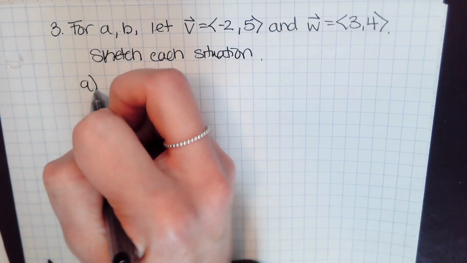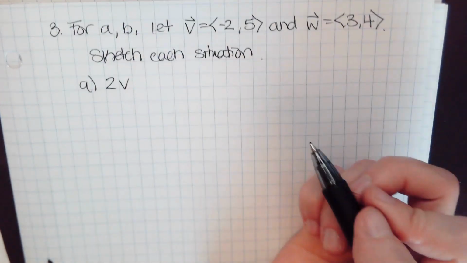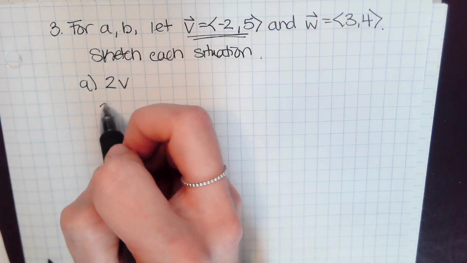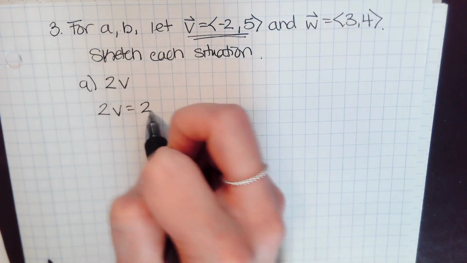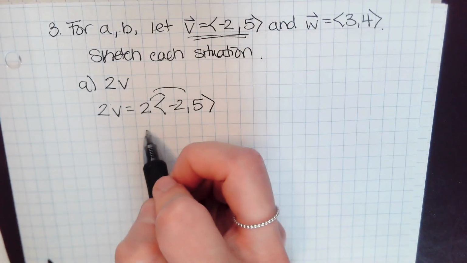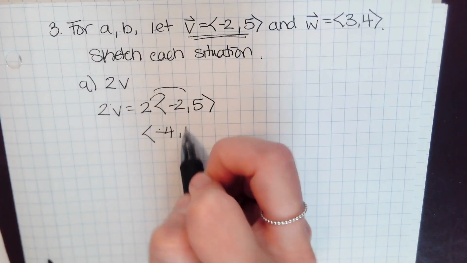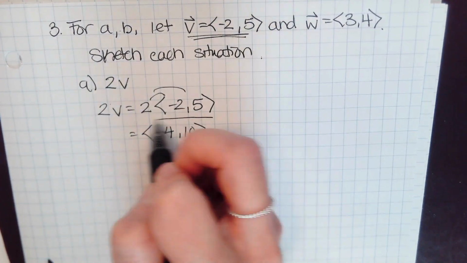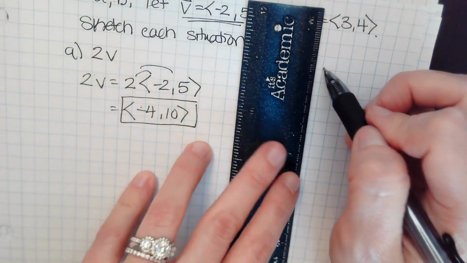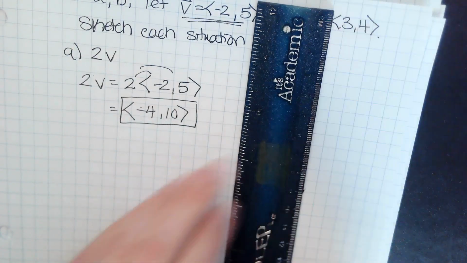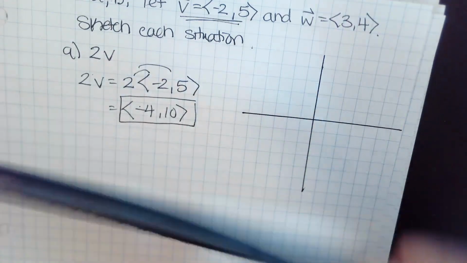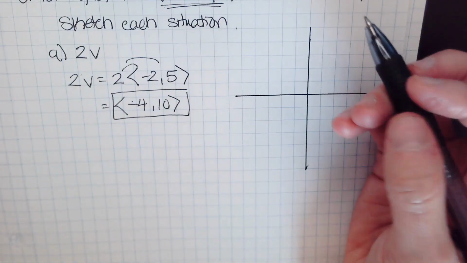All right, so first A, let's do 2 times vector v. So if we're doing 2 times vector v, we're looking at just v here. And we want to multiply 2 times that vector. So you're really just distributing that in. So it would become -4, 10. If we look at this graphically, just to see what's happening here, we would take, let's look at original vector v.